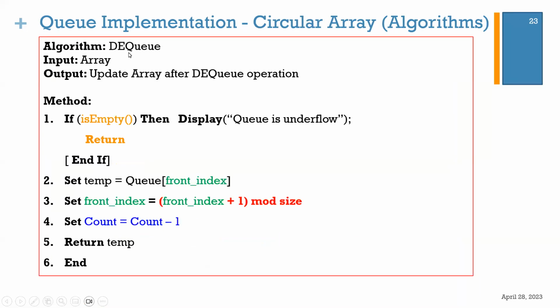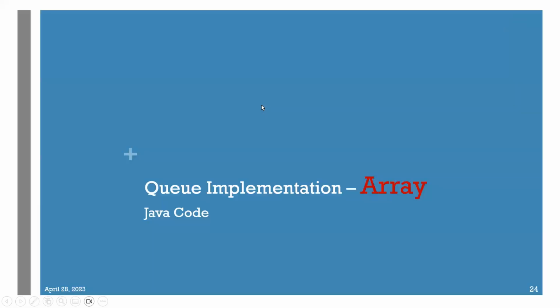For dequeue, to remove, we use the same approach with the front: to go back to 0 and remove from the start, we use front + 1 with modulus size. This is the only difference between using a circular array and a linear array.